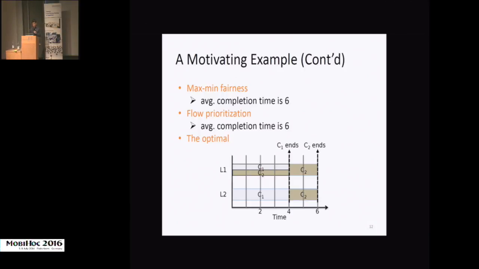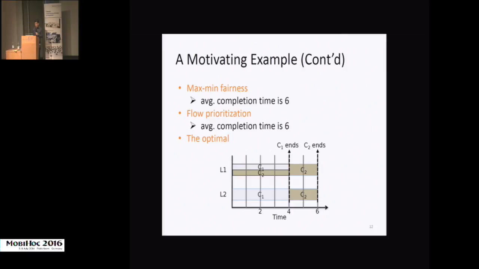So what about the optimal? This figure shows one of the optimal schedules. On one of the links, say link 1, we enforce max-min fairness among the 2 flows. And on the other link, we prioritize the flow with larger size.